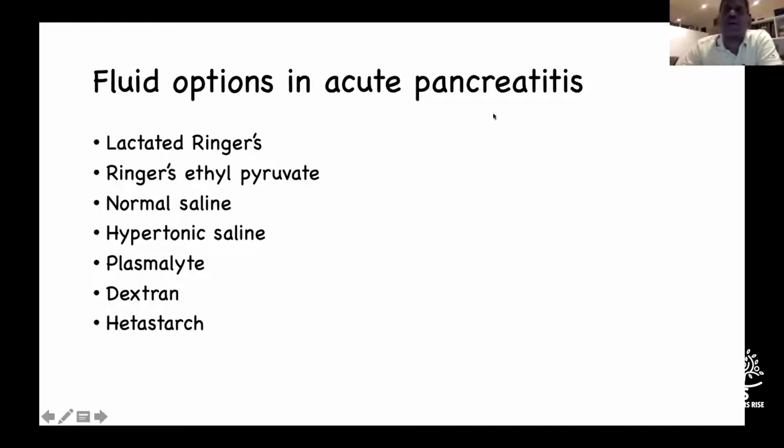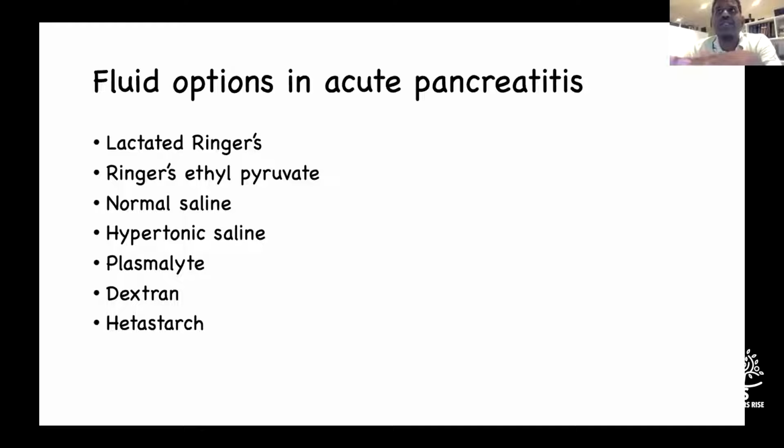Now, Ringer's lactate is probably recommended because it has much less tryptic activity. The endpoint of Ringer's lactate-based resuscitation, as per our standard textbook of surgery, is that it produces a mild metabolic alkalosis.